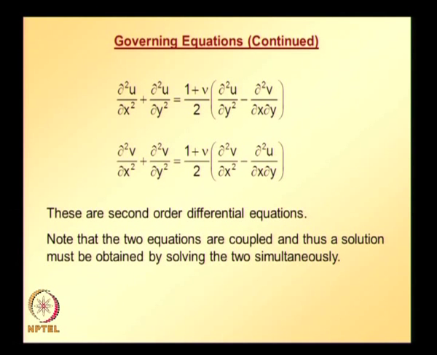Since these two equations are coupled, the solution must be obtained by solving them simultaneously. Since these two equations are second order differential equations, you can guess we now require two boundary conditions to solve these differential equations.